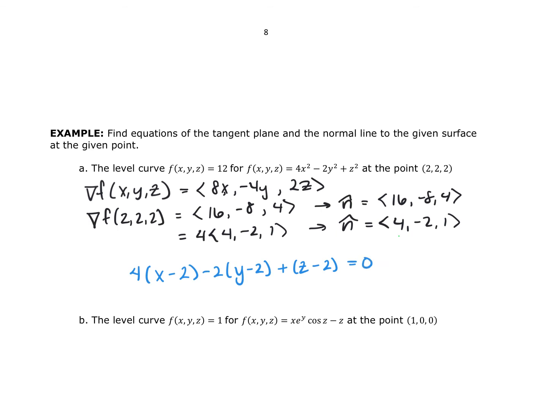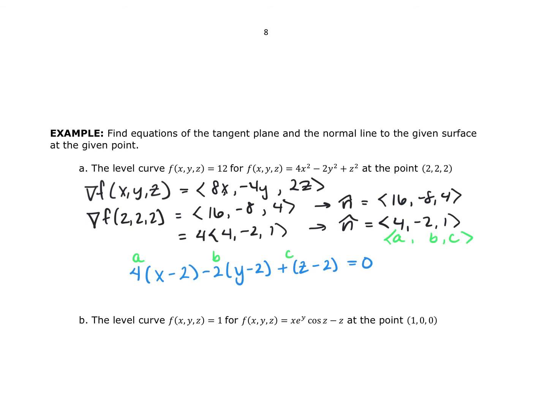This is because these are the a, b, and c, my components of my normal vector, which are the partial derivatives in each of those directions, evaluated at those points. So there is the equation of my tangent plane, so that's nice.